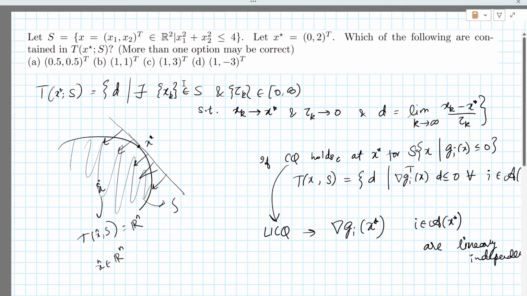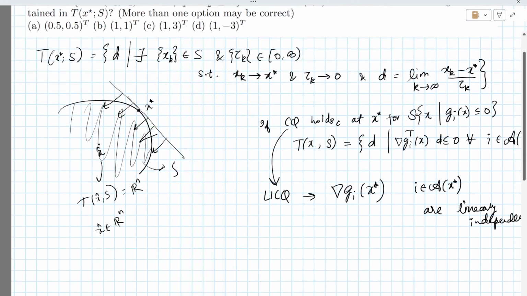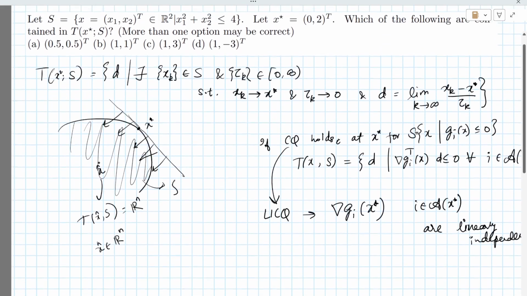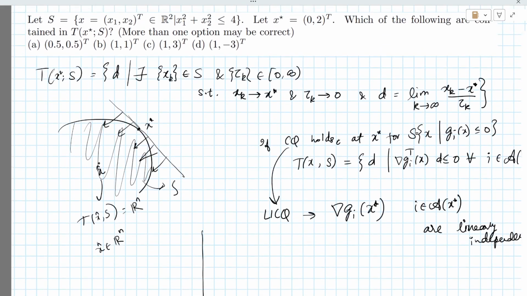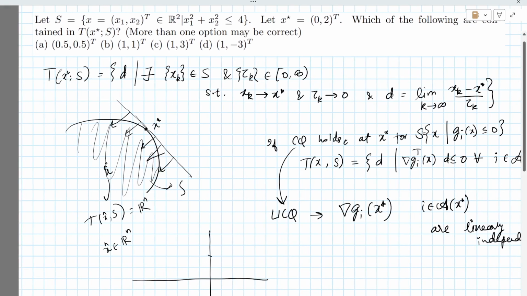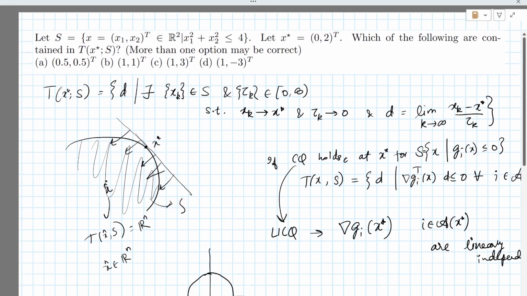If you look at this set S, you have one inequality constraint, and it is basically a circle with radius 2.